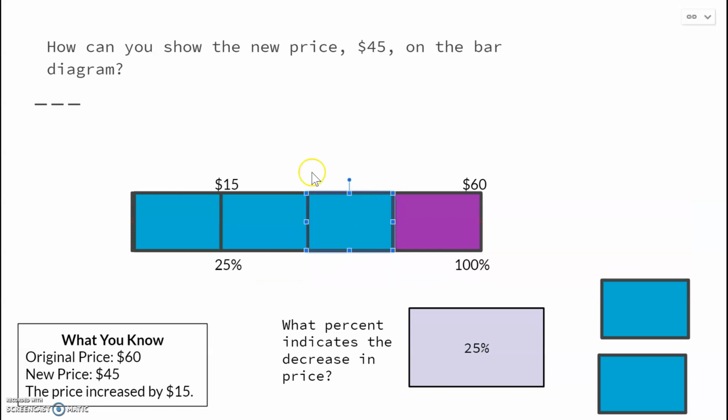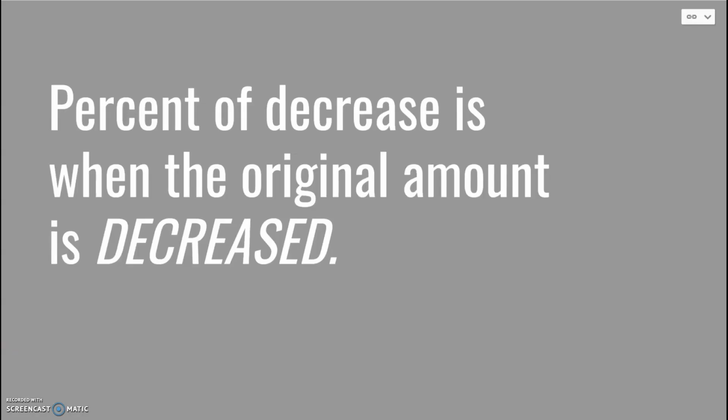So that's now $45 there. So we've moved our pieces. That 45 is 75%. So it is 25% off, or it is on sale for 75% of the original price. Percent of decrease is when the original amount is decreased.